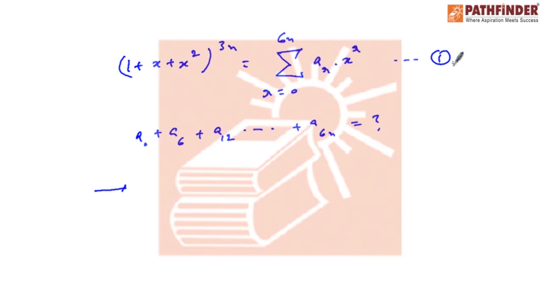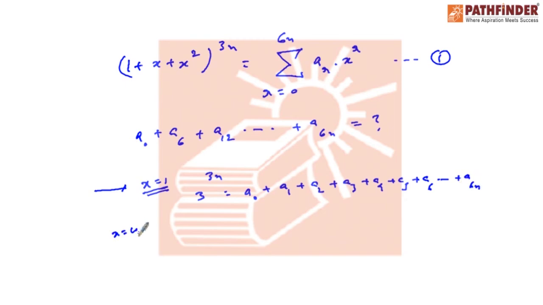So if we are putting x equal to 1, we shall obtain 3 to the power 3n equal to a0 plus a1 plus a2 plus a3 plus a4 plus a5 plus a6 up to a6n.